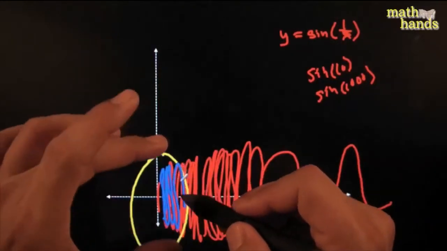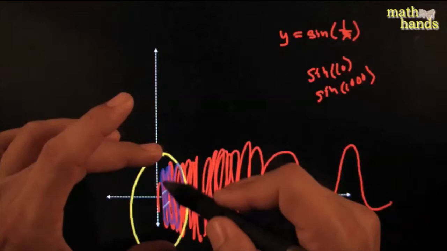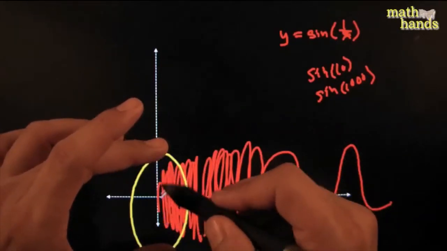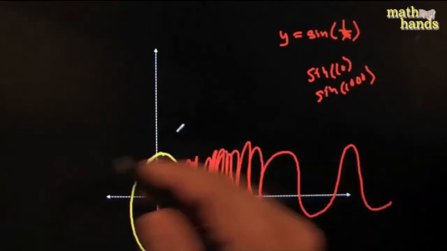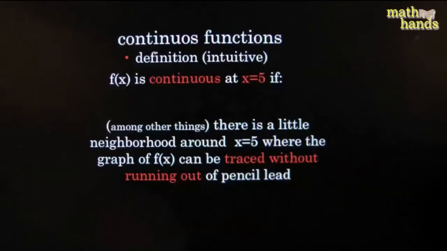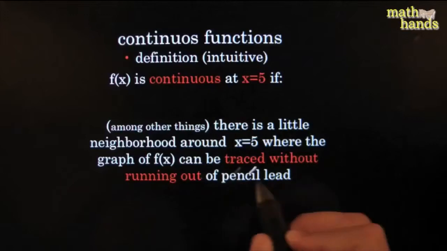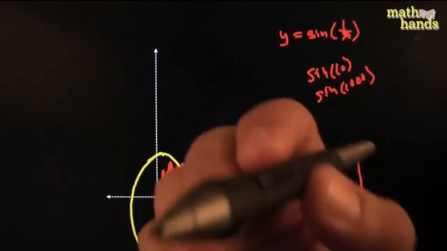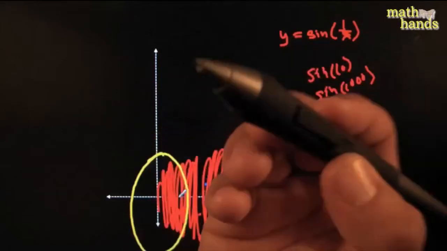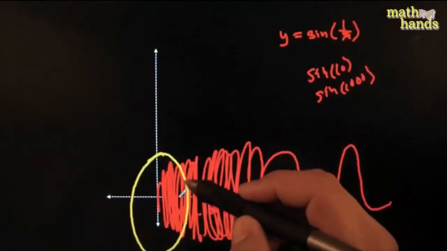For example, from say 0.1 to say 0.001, if you invert it, it's gone from 10, from sine of 10 radians all the way to sine of 1000 radians. In this period, it has gone from sine 10 to sine 1000. You know how many times it's gone up and down?